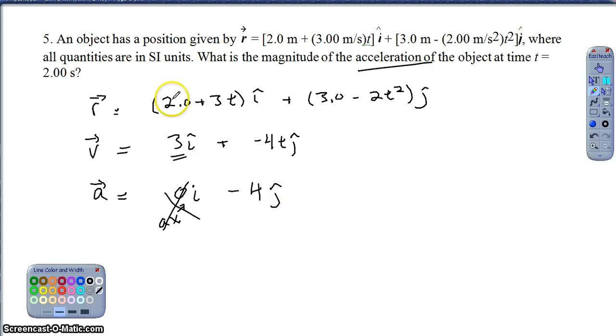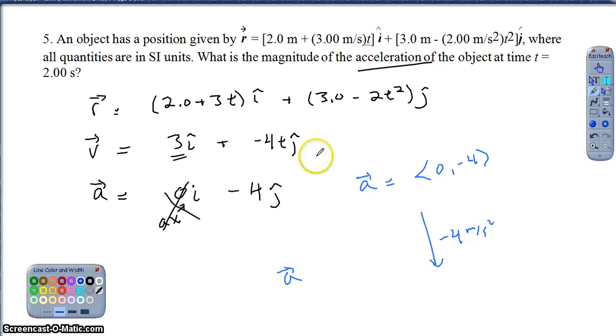It does specify at 2 seconds, but to be honest, it doesn't matter. My acceleration vector for this function would always be negative 4 because it comes from 0, negative 4, which is just a vector going off not to the right but downward, negative 4 meters per second squared. So the acceleration vector, and it just asks for the magnitude, would be negative 4 or even just 4 meters per second squared.